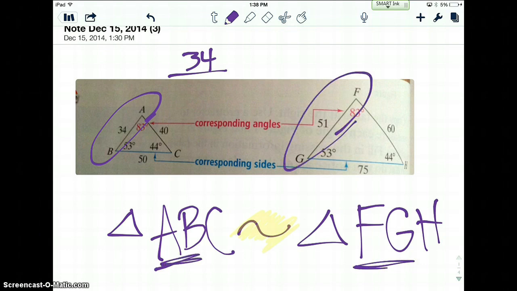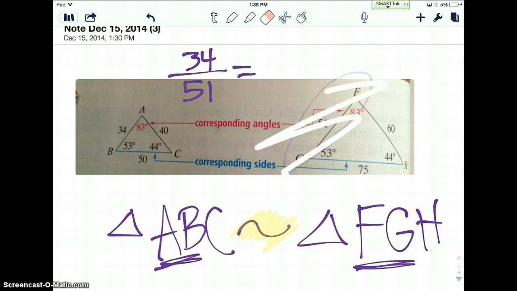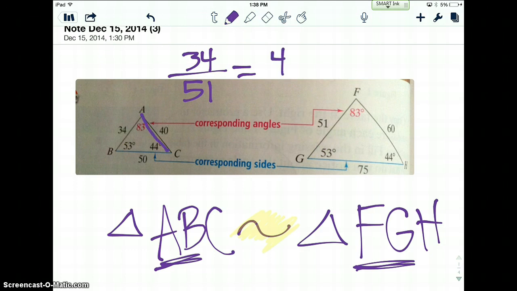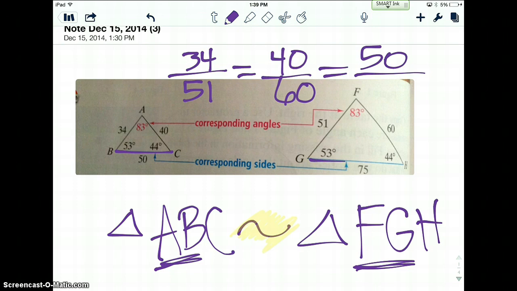AB corresponds with side FG, so 34 goes to 51, just as AC, 40, compares with FH, 60, which is supposed to be the exact same ratio, equivalent ratios, as BC, which is 50, to GH, which is 75. And you might be like, man, those do not look the same.